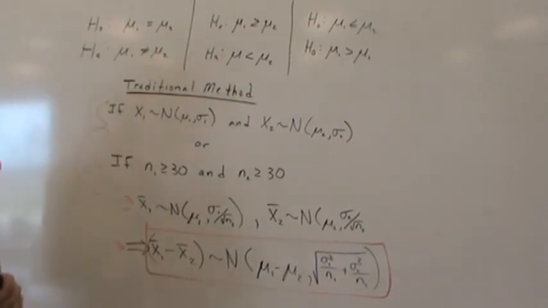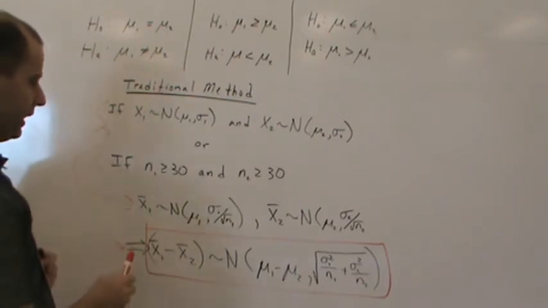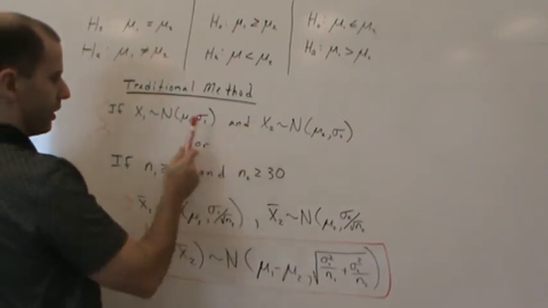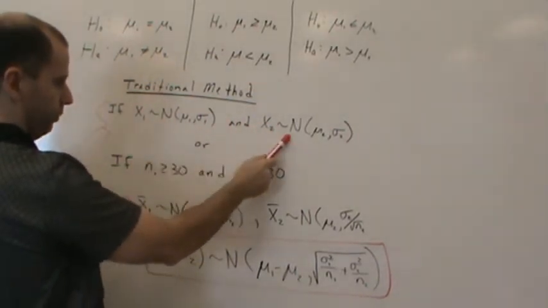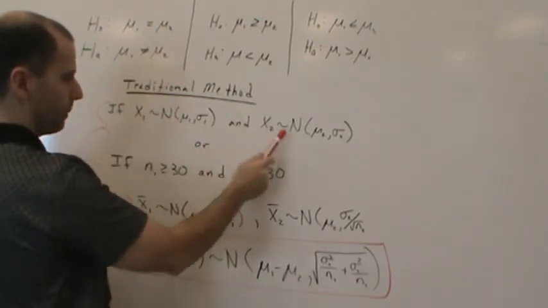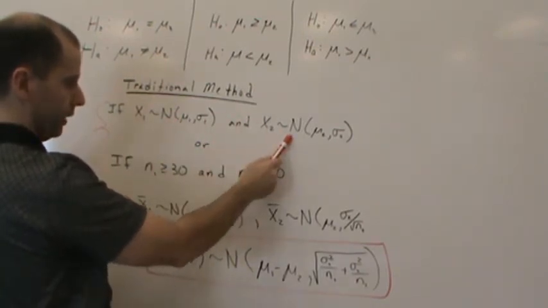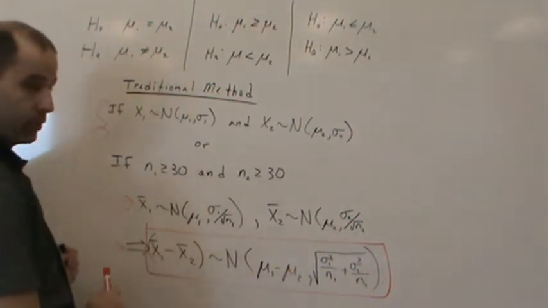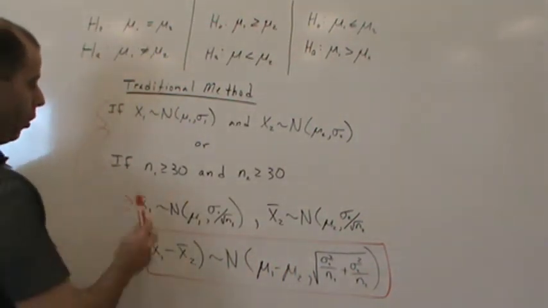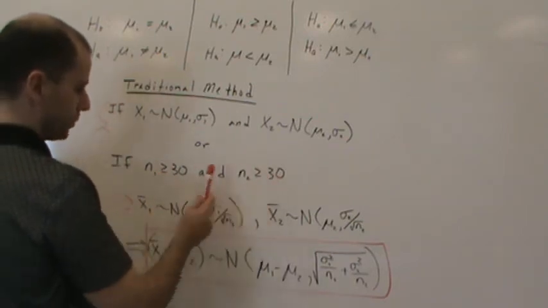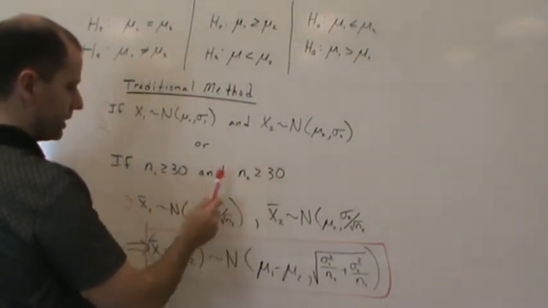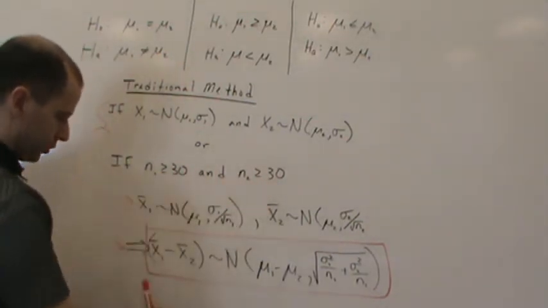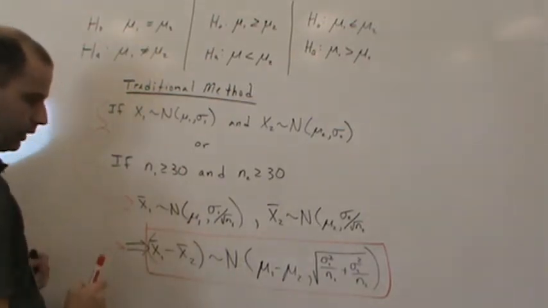okay? So again, basically what we need is if both of these are true, right? If both populations are normal, then we automatically get this if we're dealing with the difference of means. Or if our two sample sizes are at least 30, then we also get this, okay?